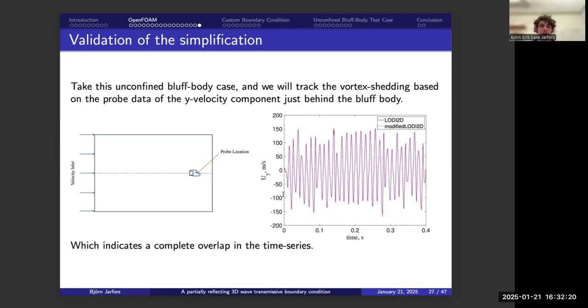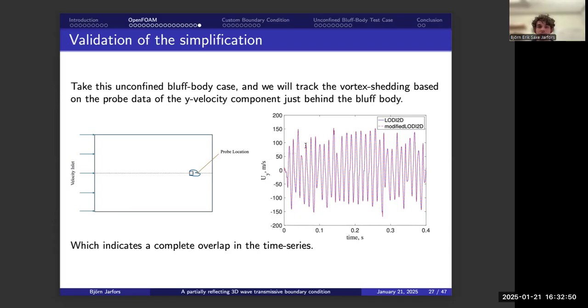And to validate this, I took the unconfined bluff body case exactly the same as Leandro used in his report, and I placed a probe right in the wake, which is a common way to analyze wake dynamics, by getting a time series of the transverse or y component of the velocity, and then plotting that.